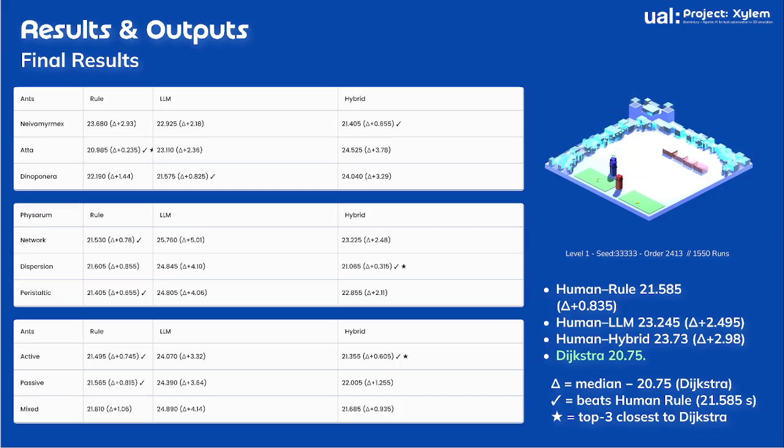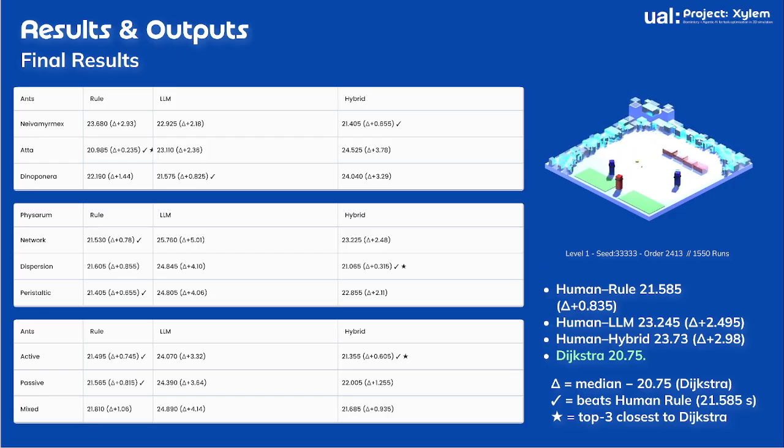Then we have our first hybrid, which is Dispersion at 0.315 seconds. Then we go into the Steiner hybrid, and all of the ones that appear here were the ones that were able to beat the human rule sets, LLMs and hybrids, and go really close to the Dijkstra algorithm.